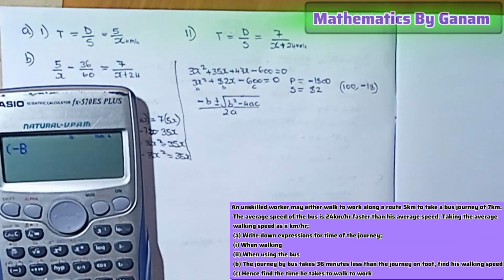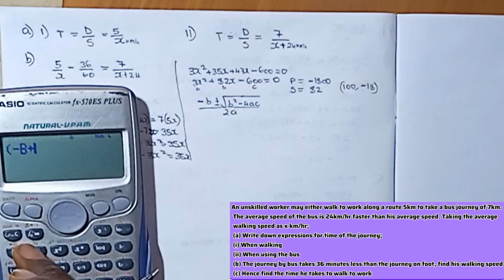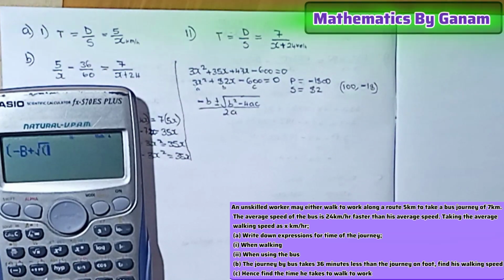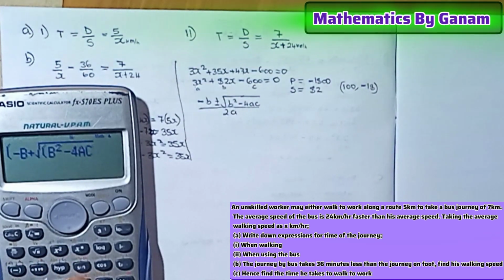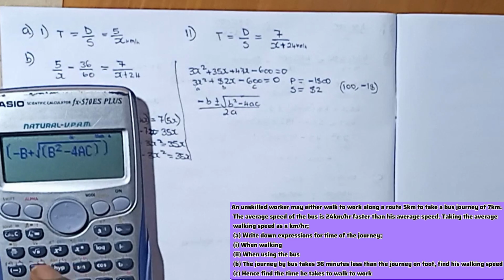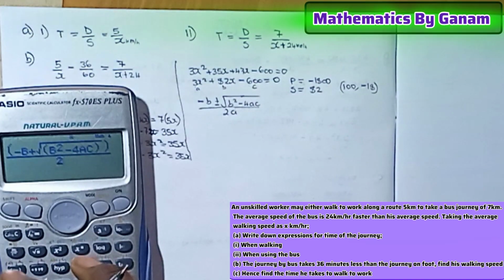So we're going to write just the formula there, negative b plus or minus, but let us start with the plus, b squared minus 4ac, all over 2a.